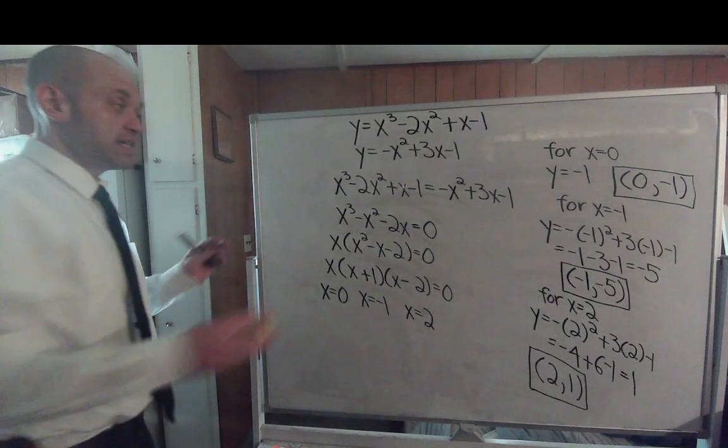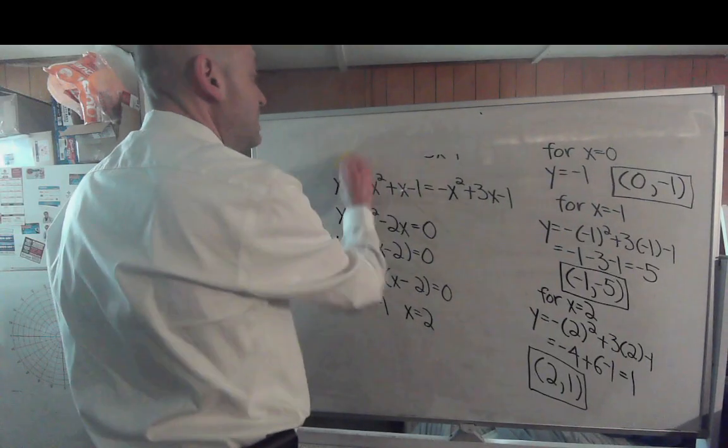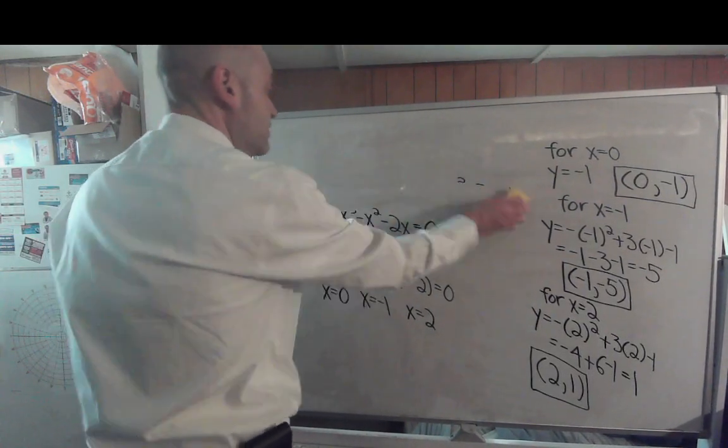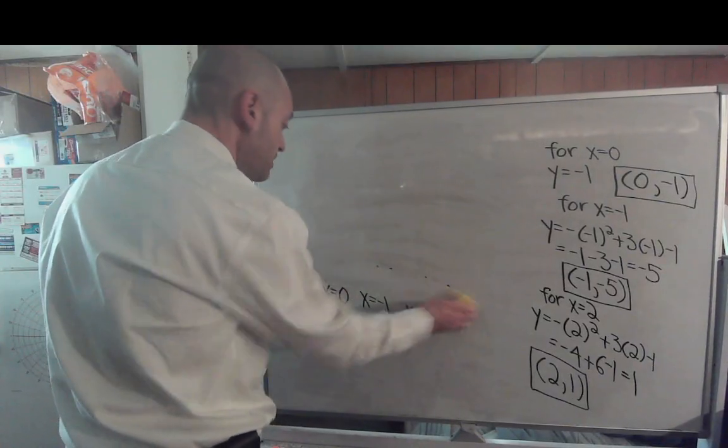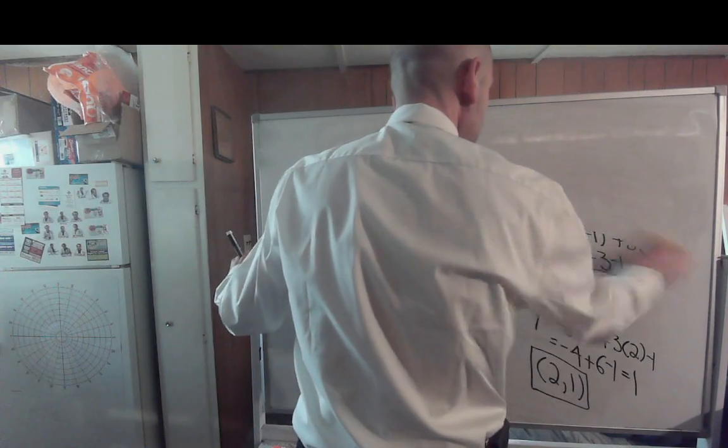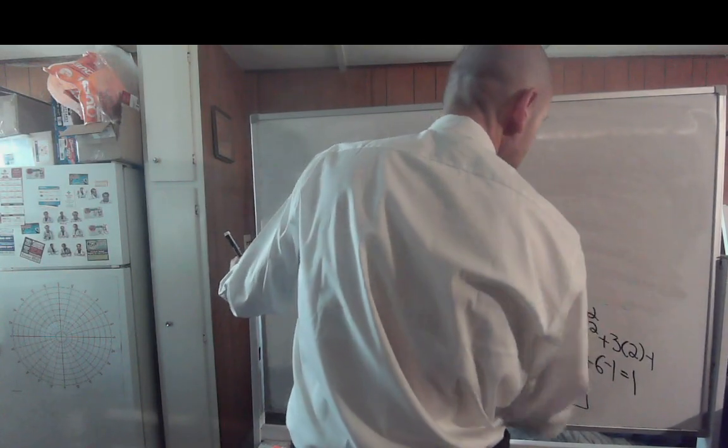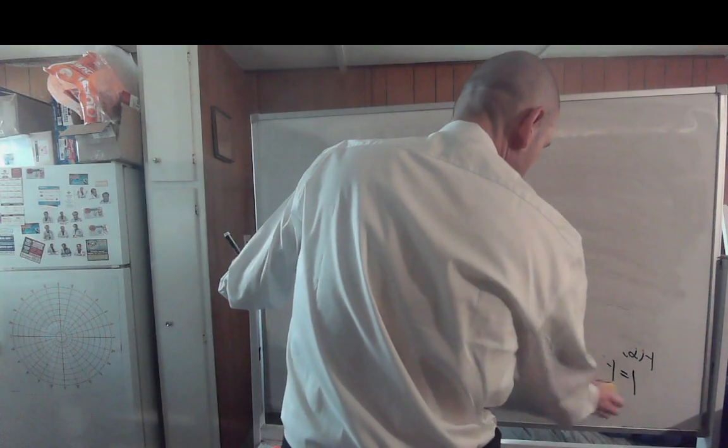I got two last problems, and this is going to be a linear with a rational function for both of them. We need a linear with a rational. That's what we're going to do.